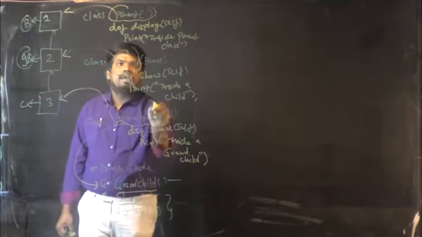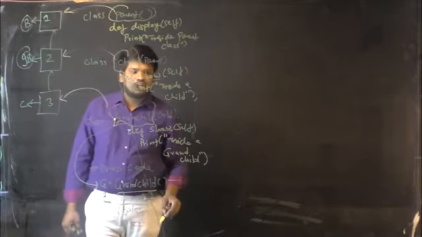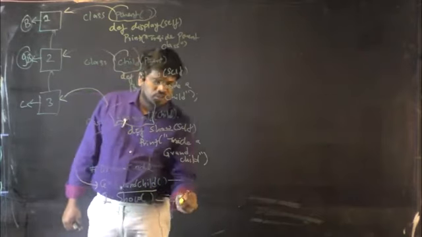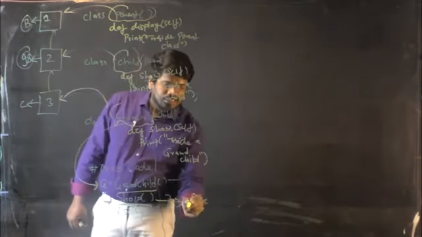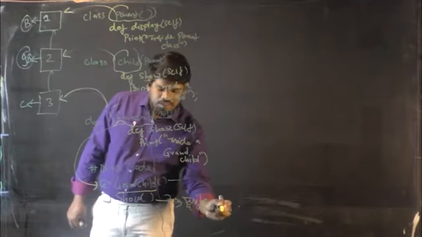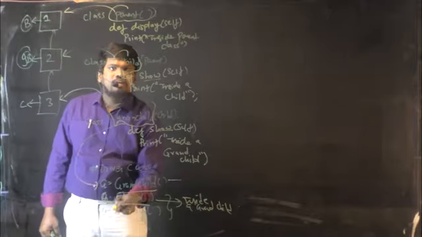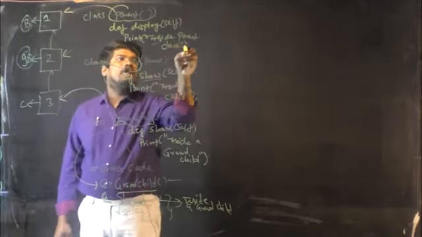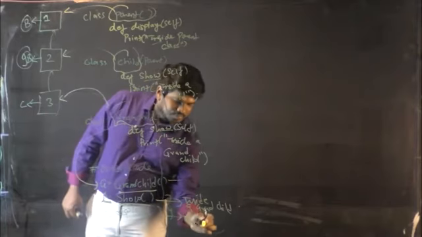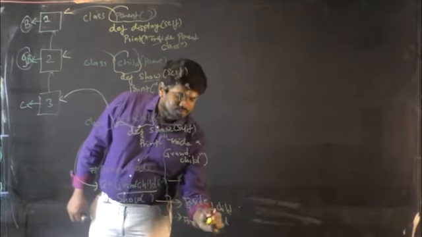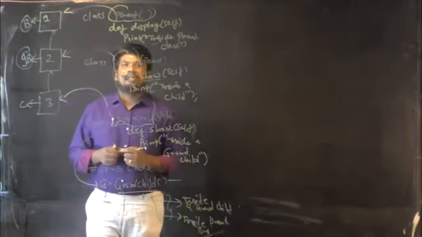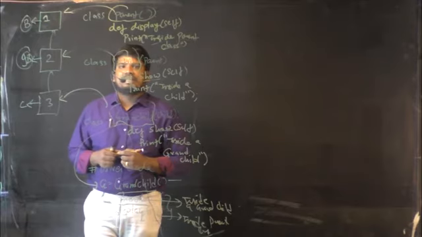Since show and show I have overridden, obviously the overridden method will be executed. So the output would be inside a grandchild. Next, g dot display will print the output inside a parent class.